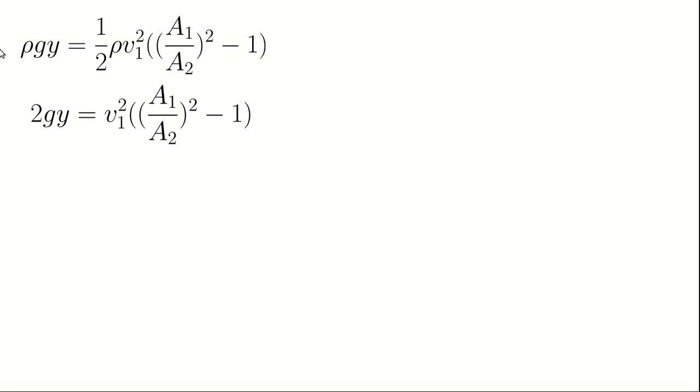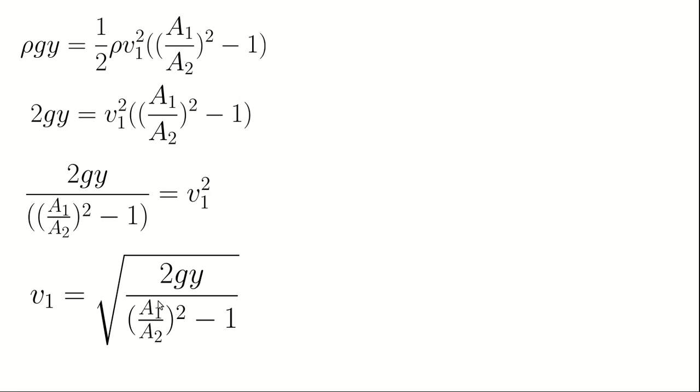First of all, we took these two to this part, rho cancels rho, and we have v1 squared into bracket all this expression. If you make v1 squared the subject of the formula, you'll have something of this form. We can resimplify this one and it gives us this. Okay, I think that's okay.